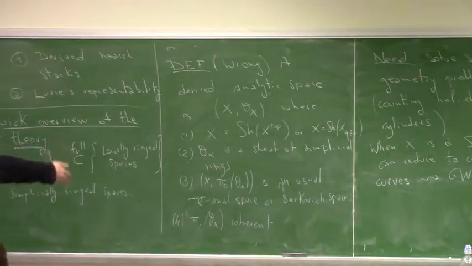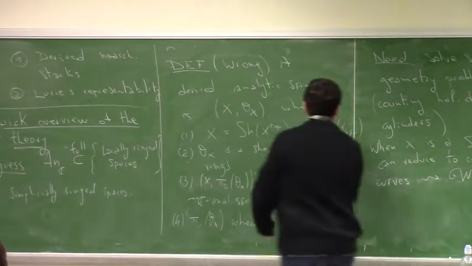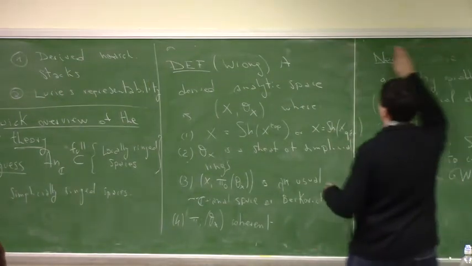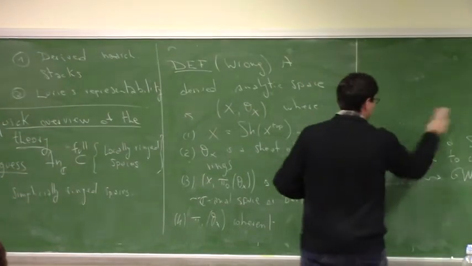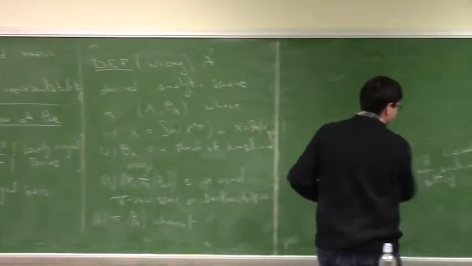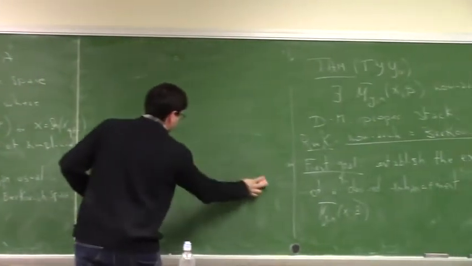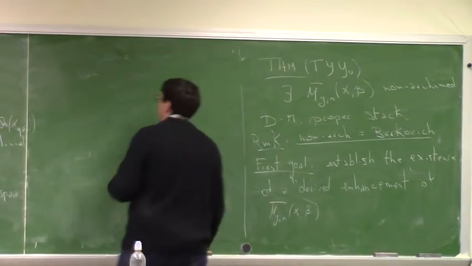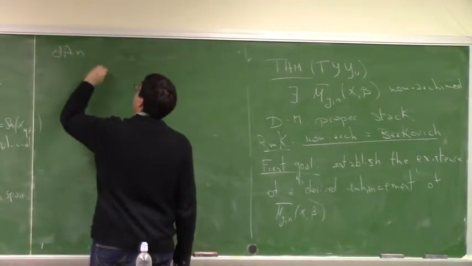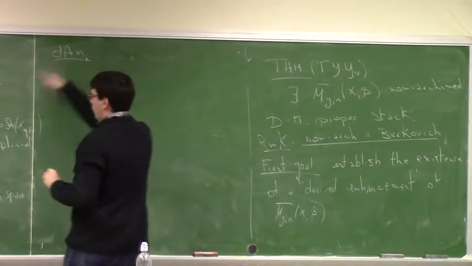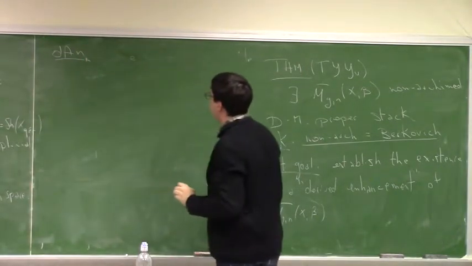One can actually make sense of this definition and produce an infinity category of derived analytic spaces in this sense. But the category we obtain is not a reasonable category, for the reason I'm going to explain. So let me denote by DAn the infinity category associated to these guys.